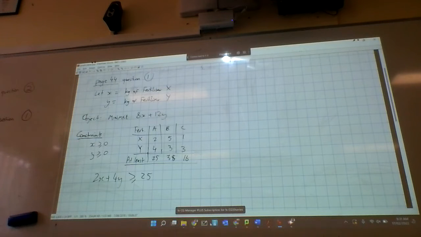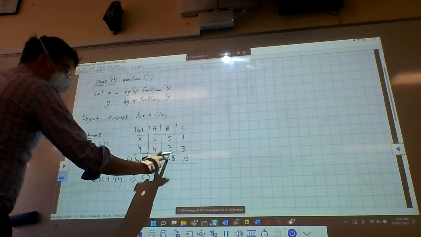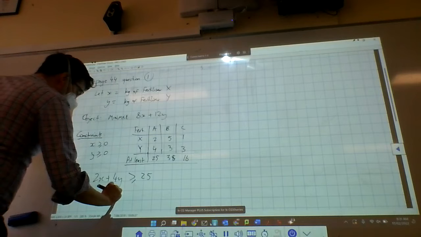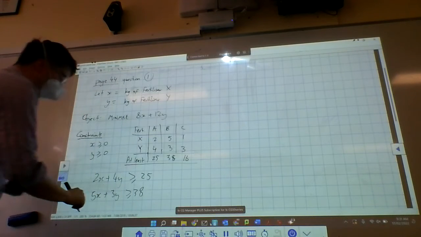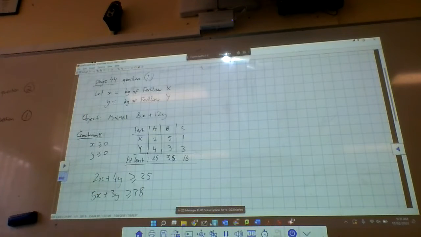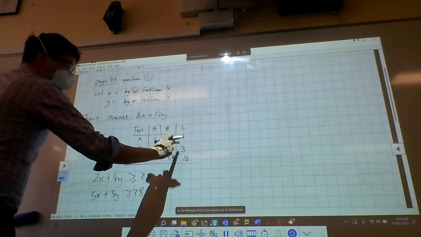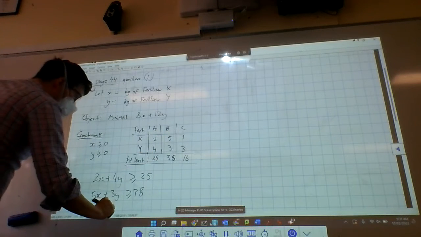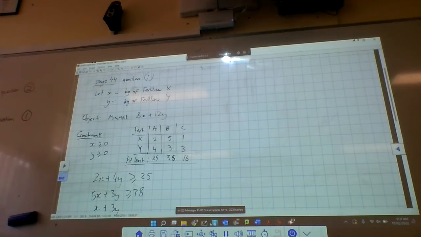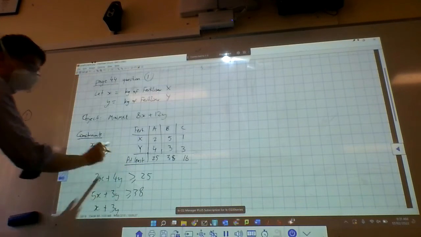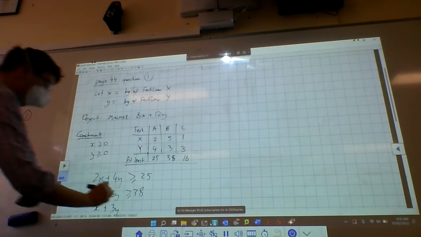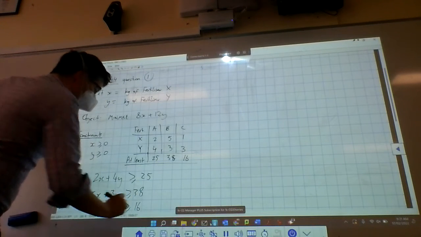What's our second constraint? 5x plus 3y is greater than or equal to 38. Good. And our last one? It's going to be 1x, so just x plus 3y. Is it less than or greater than? Greater than, at least. So greater than or equal to 16.